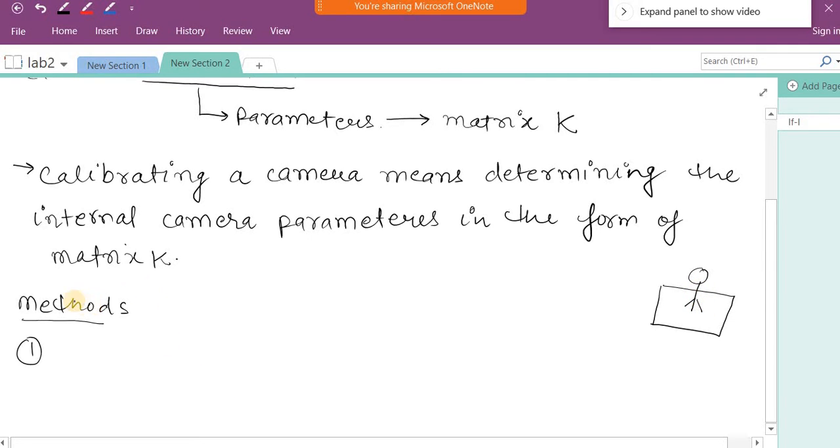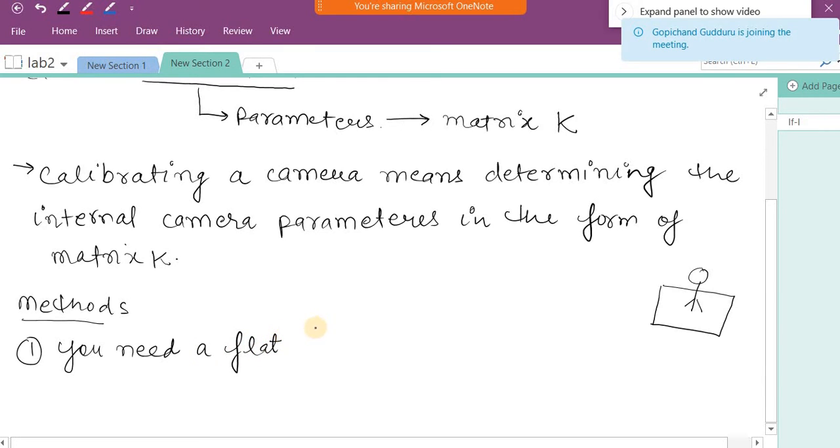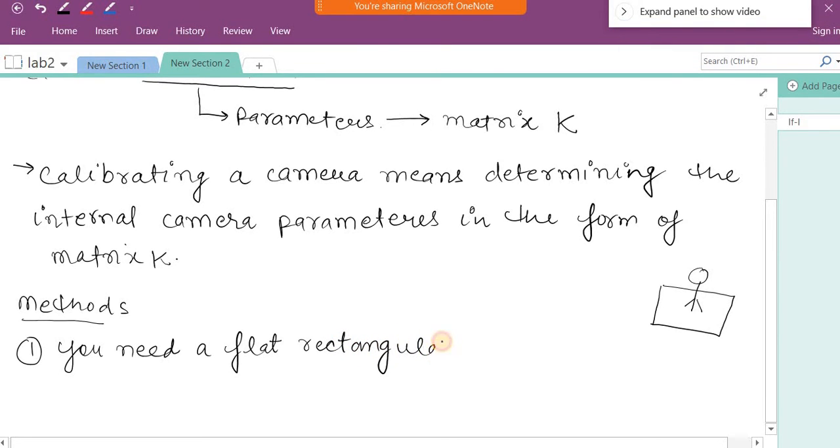So you need two things: a flat rectangular calibration object and a flat surface.